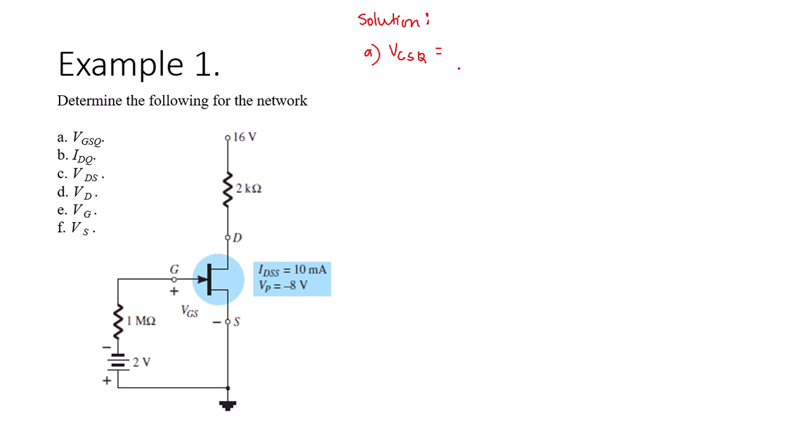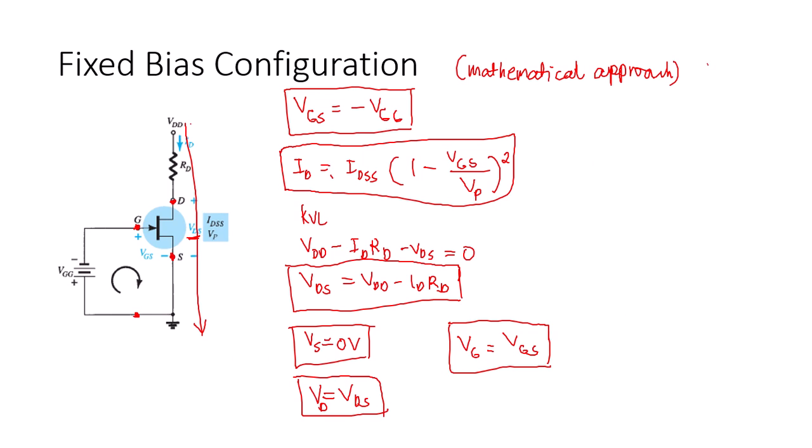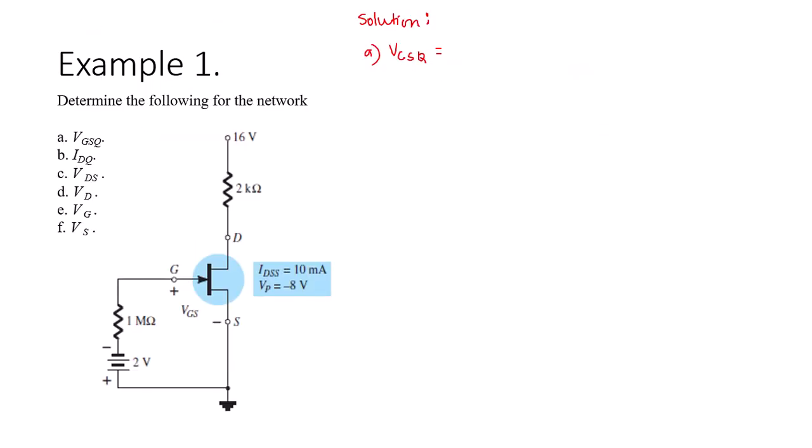From our notes a while ago, since that is the quiescent value, VGSQ is simply equal to the negative VGG of the network. Here is our VGG of the given network. So VGSQ is simply equal to negative VGG, equal to negative 2 volts.